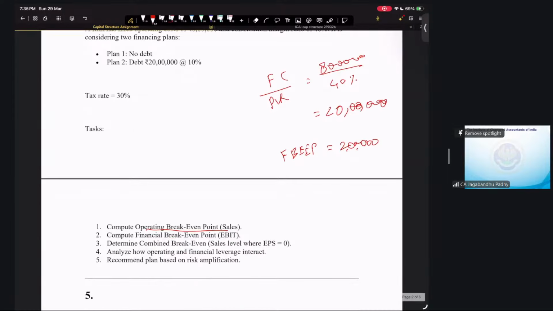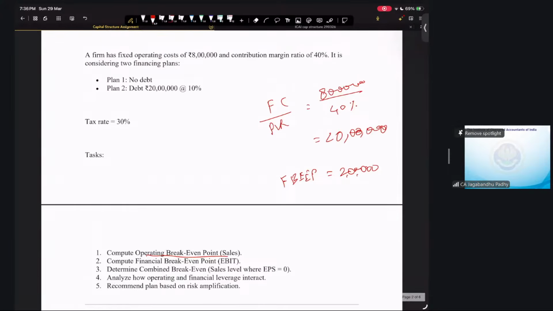Then determine the combined break-even sales. Combined break-even, we do the same thing. Financial break-even point in plan one is 0, and 2 lakh is for the second plan. We have to compute the combined break-even point.